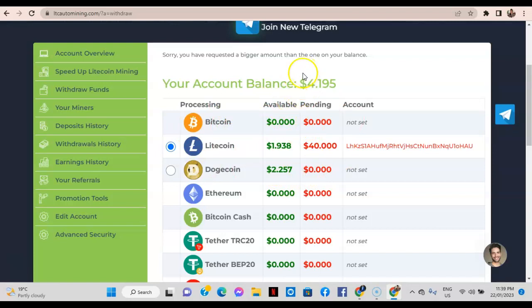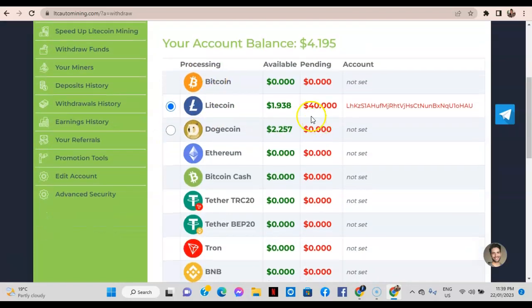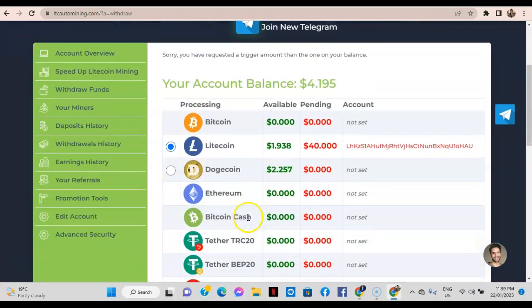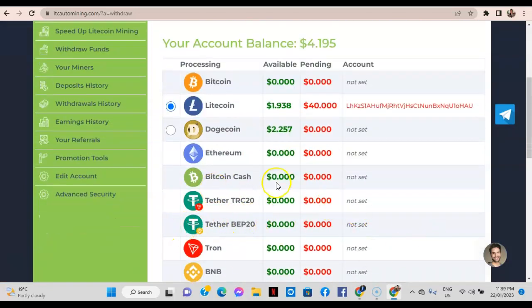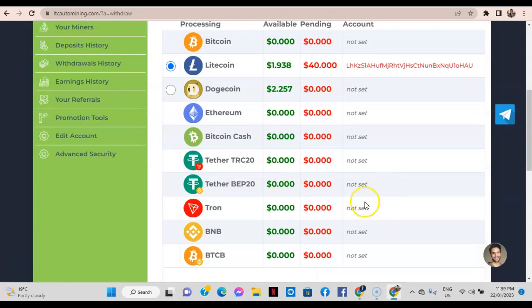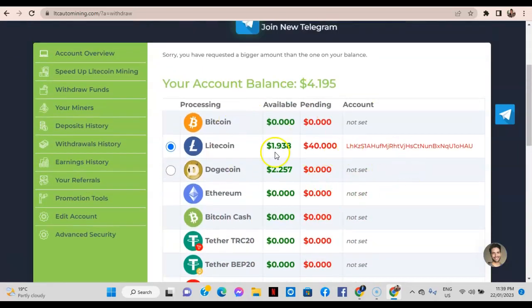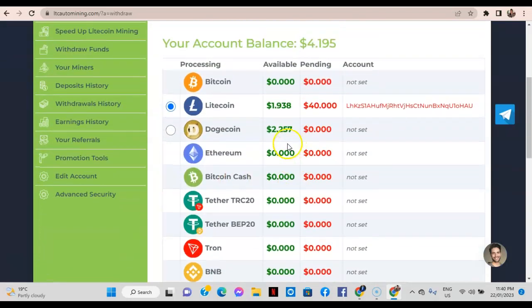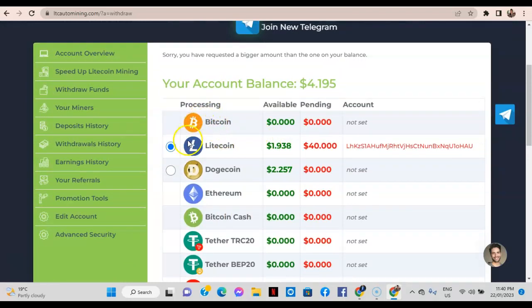Then you join the auto mining system here, which is Litecoin. There are two links: a Binance link for you to join, and also the Litecoin mining link. So that's two things you need to do, and invest into it. Don't just join, but invest.